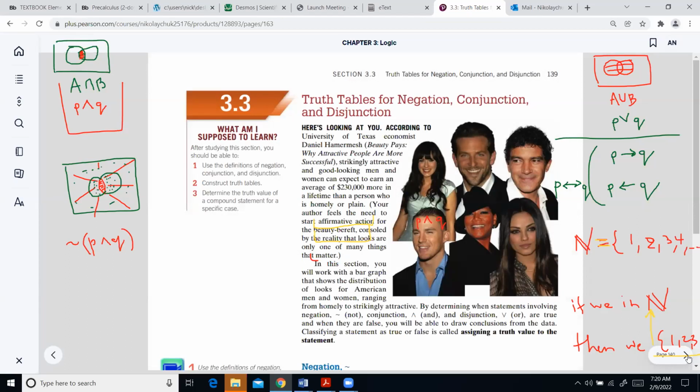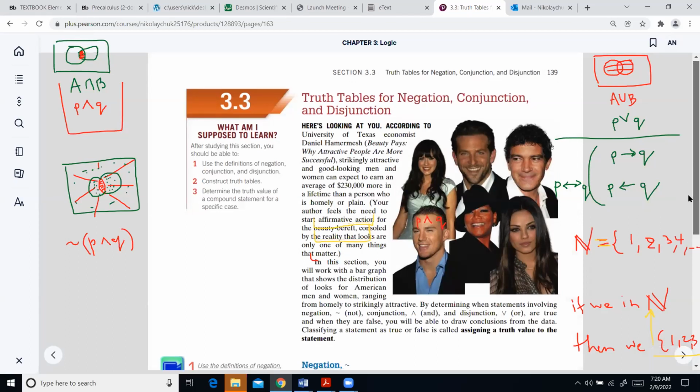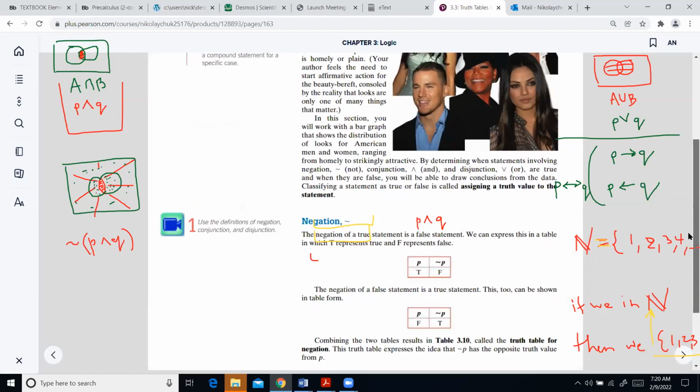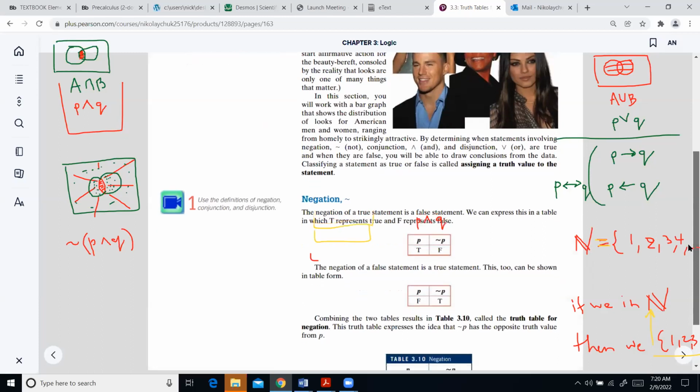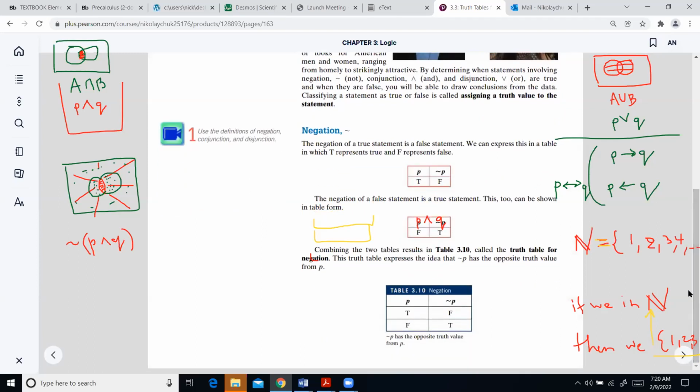So it's worth looking at 3.3 first, I believe, and then we can, if we want, take a look at 3.2. So 3.3, I think, is pretty straightforward from a mathematical perspective. And it teaches us how to produce so-called truth tables. What does that mean?